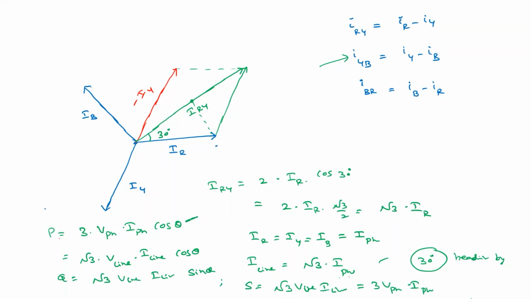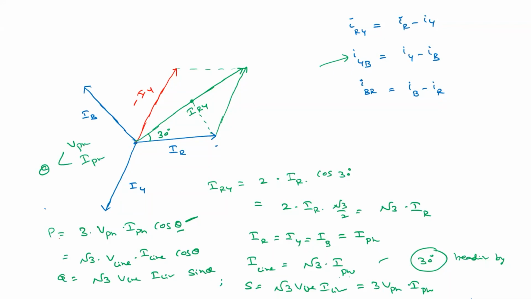Again, this angle theta is the phase voltage to phase current angle, that is, V phase to I phase.